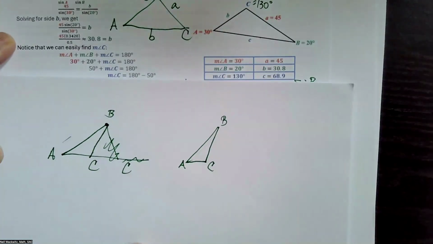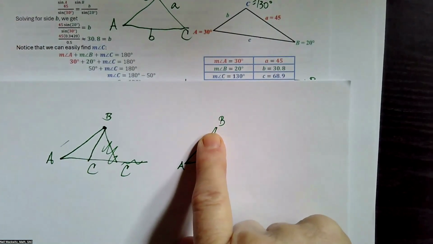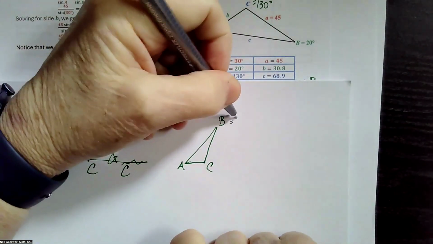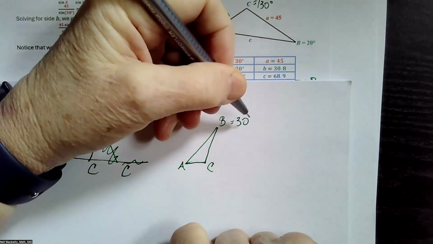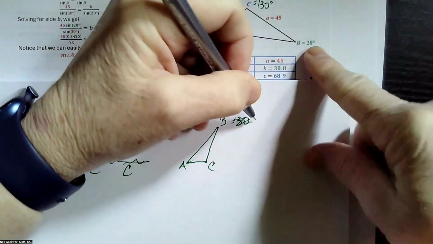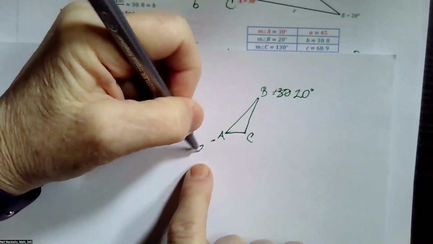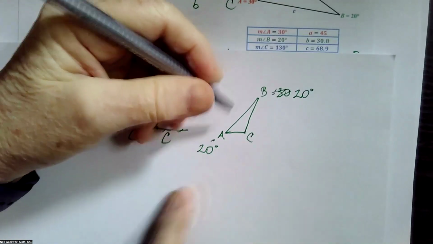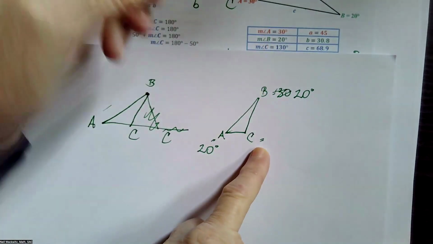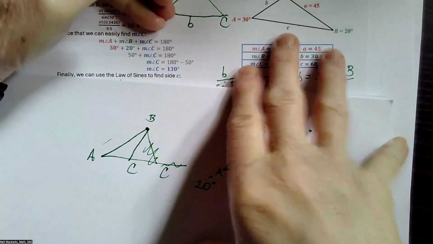And we're given that the measure of angle B is 30. No, it's 20 degrees. Thanks. The measure of angle A is 20 degrees. And the measure of angle C we just found to be 130 degrees.